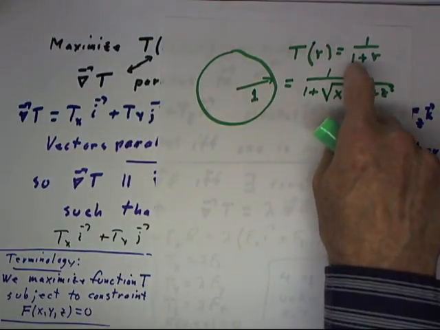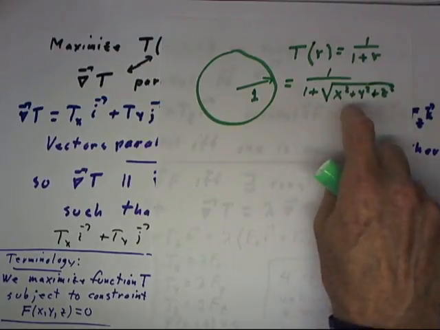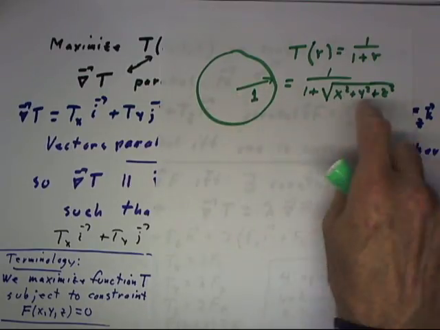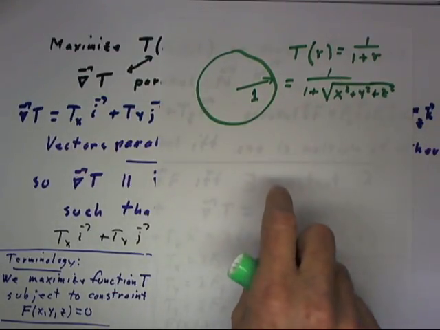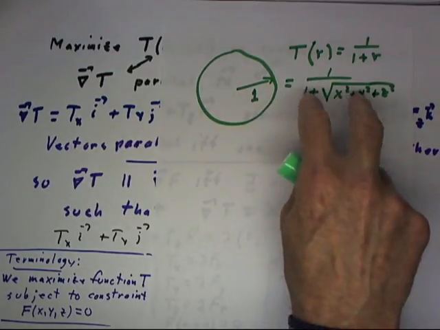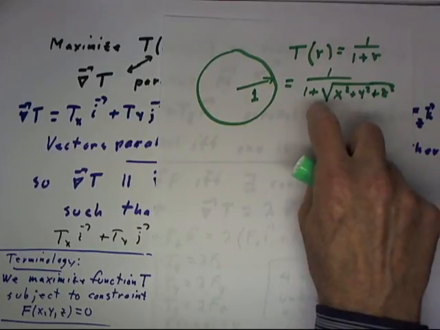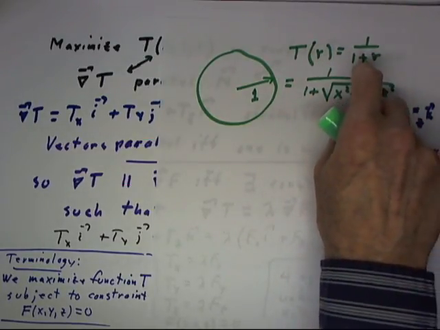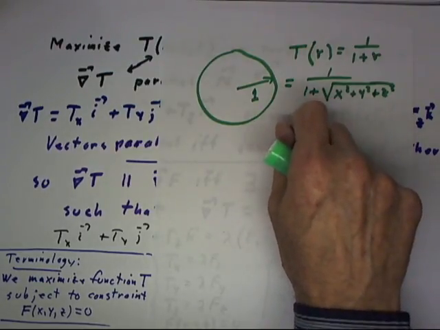Now the main reason I have the 1 in here is so that the denominator can't equal 0, because of course then our function would not be defined even at x equals 0, and we certainly wouldn't have continuous derivatives, so we wouldn't want to consider that function. Another option would be to just let T of r be 1 over r and restrict r so that it can't be 0.